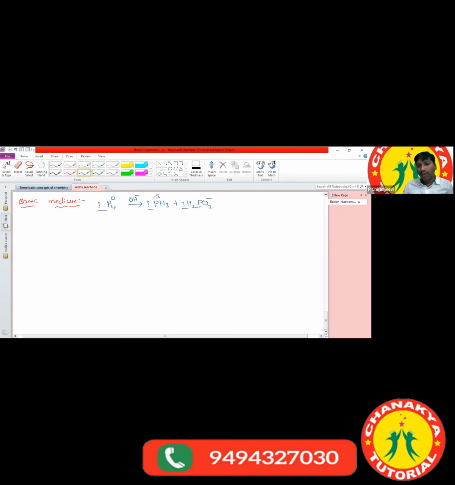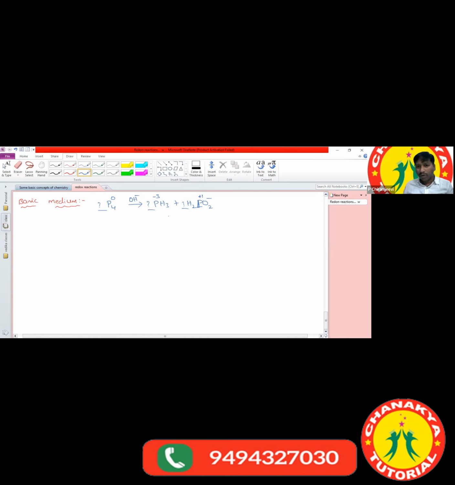In H2PO2 minus, what is the oxidation number of the phosphorus? Any one of you? Samhita? Sir, +1. Very good. So here +1 is the oxidation number.